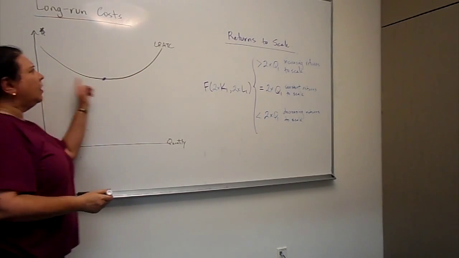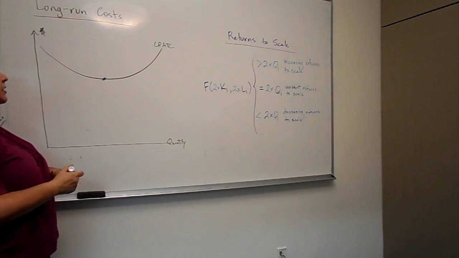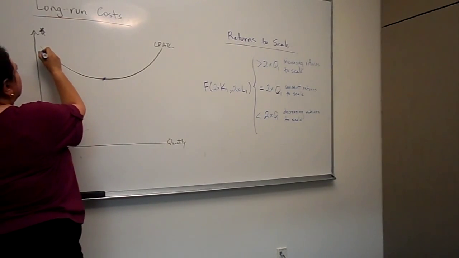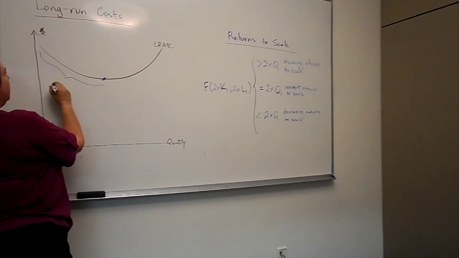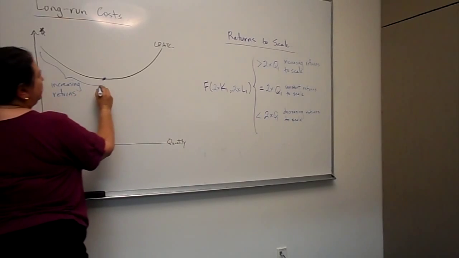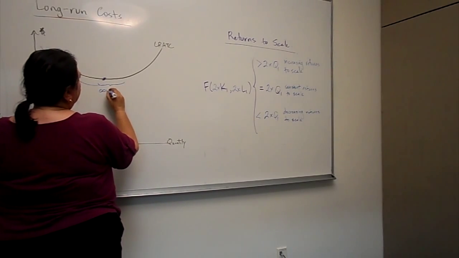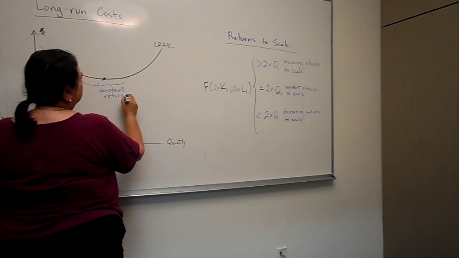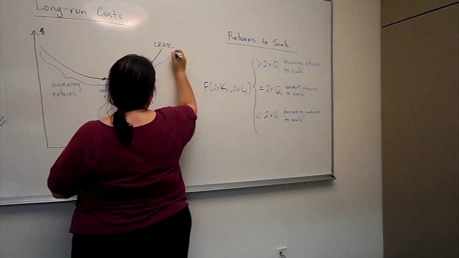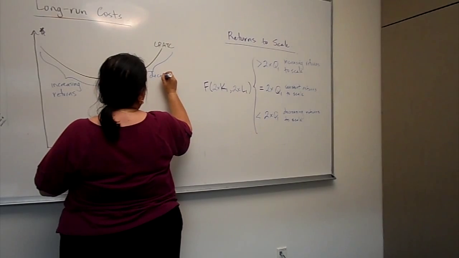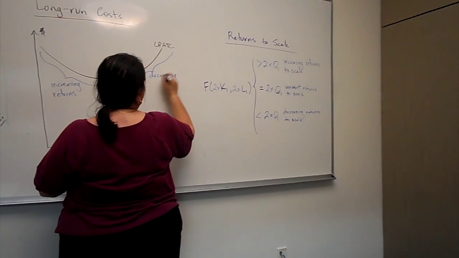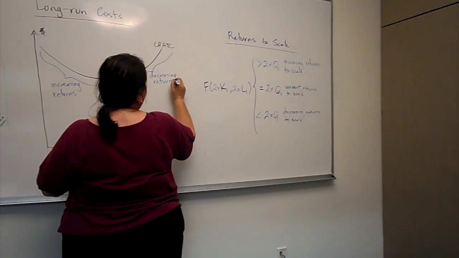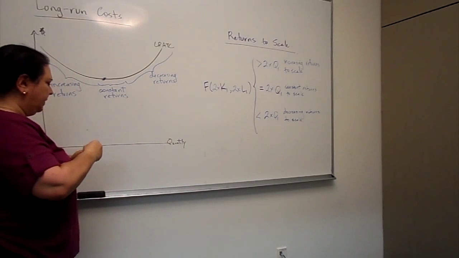is the shape of the long run average total cost is due to returns to scale, where you have increasing returns to scale where it's falling, constant returns to scale where it evens out, and decreasing returns to scale when it increases.